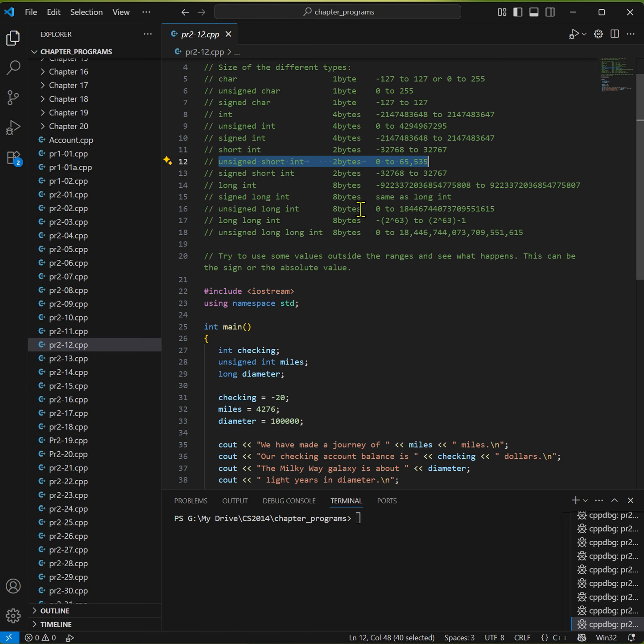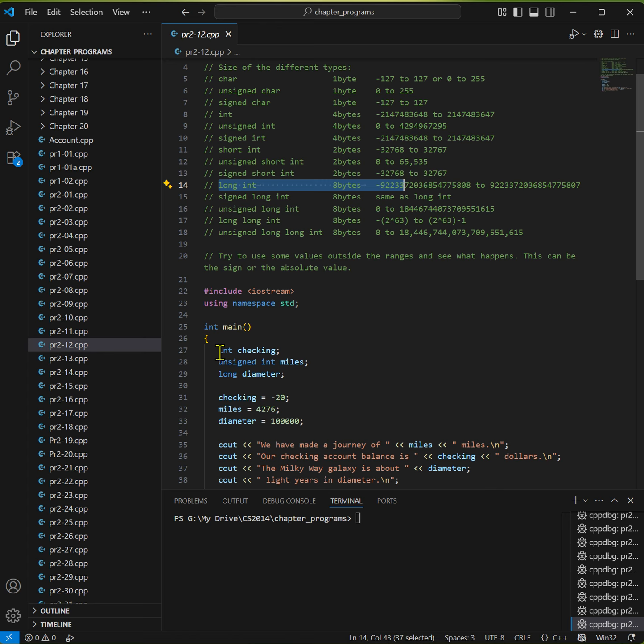You also see that the long integer uses the same amount of space as the long integer, so we don't have to worry about that difference. Most of what we use in C++ is over here just the regular integers, or we use a long integer over here, and you see that in this program too.